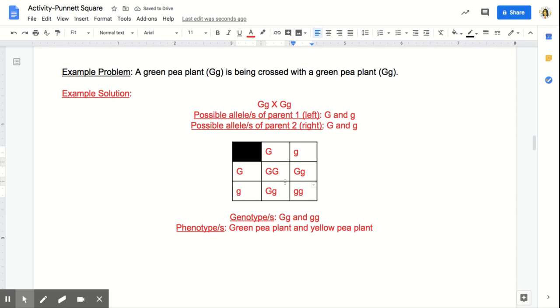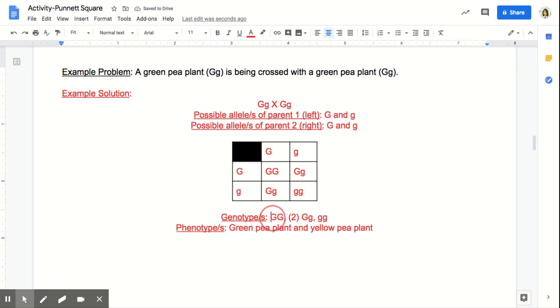Okay? Now we have different types of genotypes. We have one homozygous dominant, two heterozygous, and one homozygous recessive.